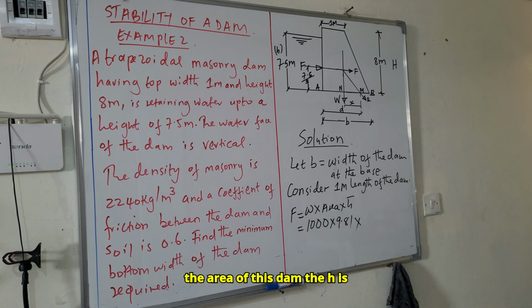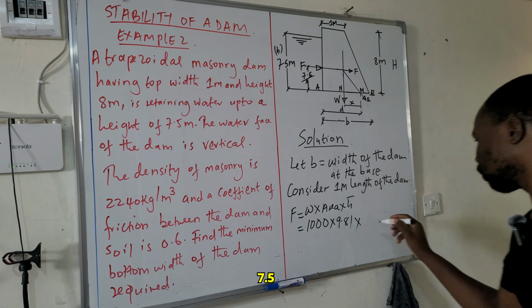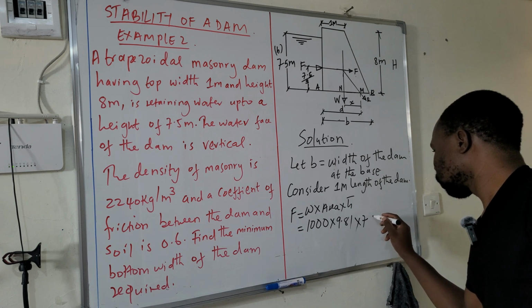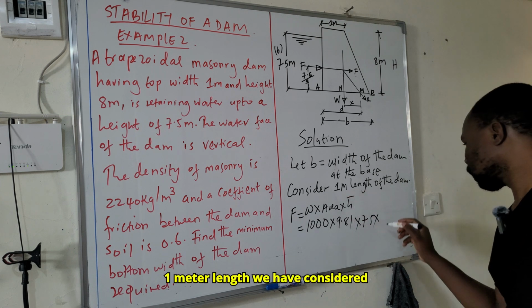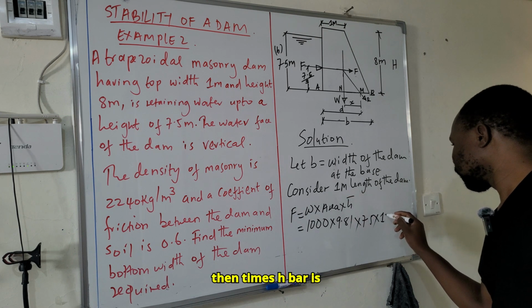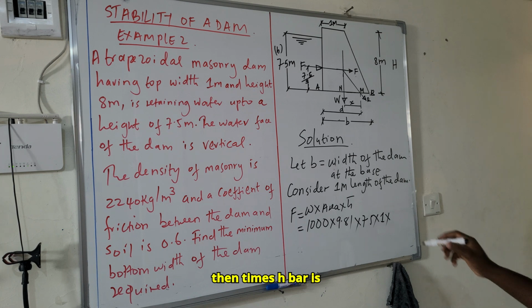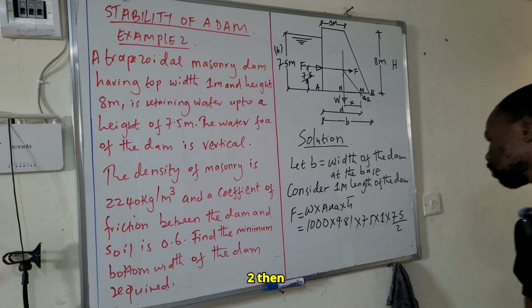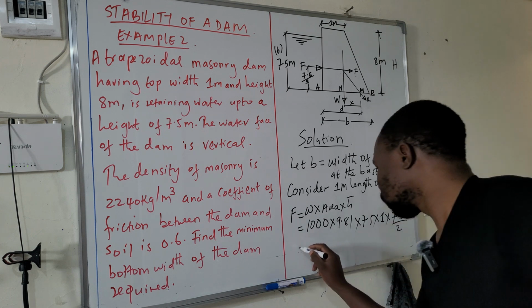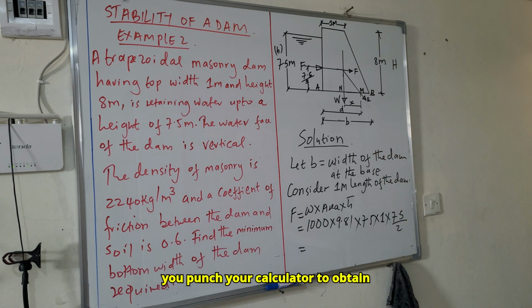The area of this dam, the h is 7.5 times 1 meter length we have considered, then times h bar, which is 7.5 over 2. Then you punch your calculator to obtain the answer.